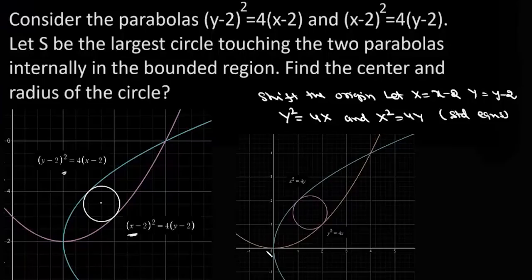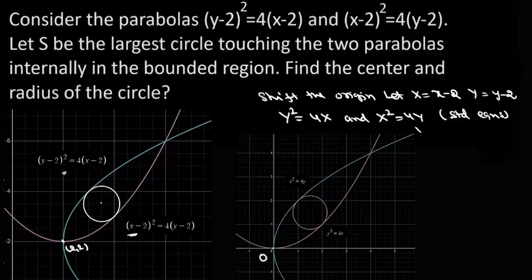Basically we have shifted the origin to (2, 2), and now this is our new origin, and the equations we have are y^2 = 4x and x^2 = 4y. We need to find the center and radius of this circle.